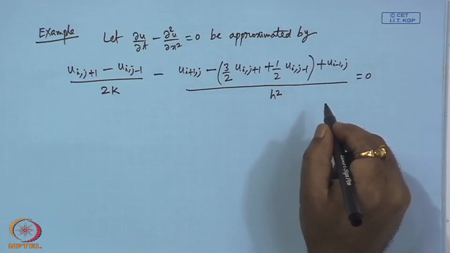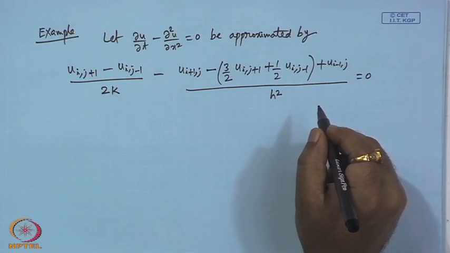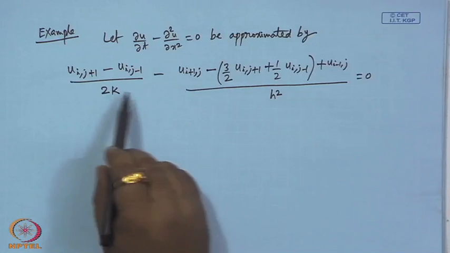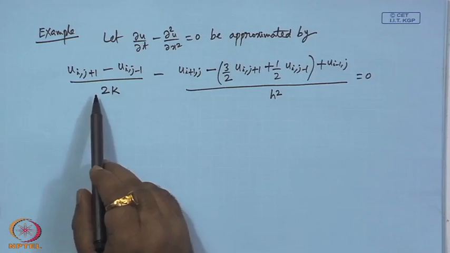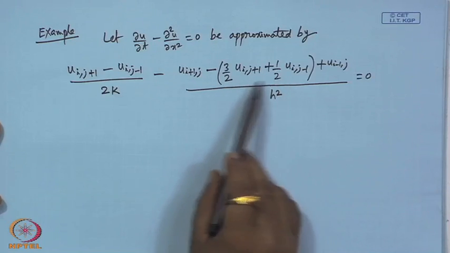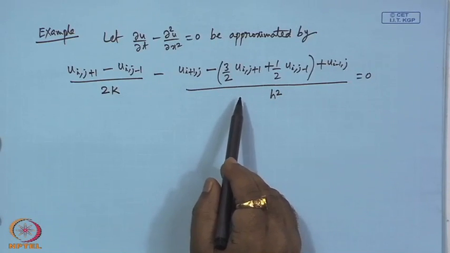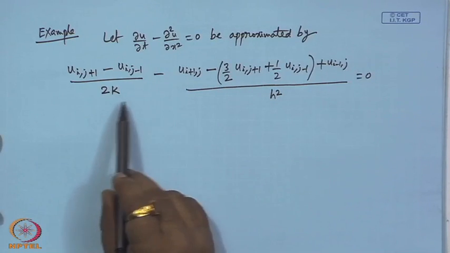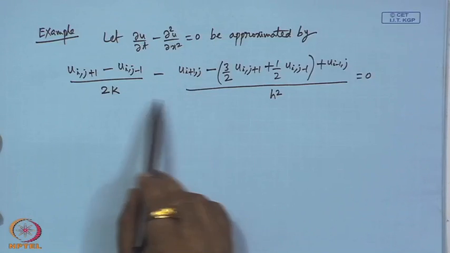So, you may be thinking every time the same example. So, for a change we have gone to a different example, you can see. So, this looks little heavy, let us see how we proceed. Okay. So, the story is the same, we have to expand in Taylor series and collect the coefficients, etcetera.